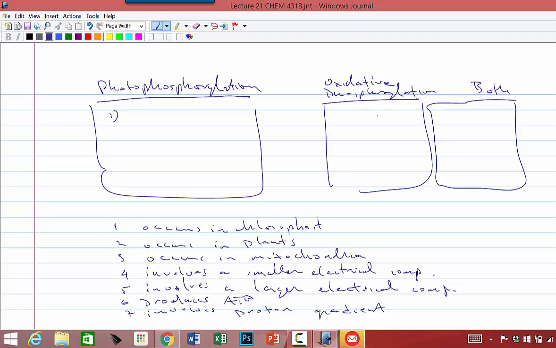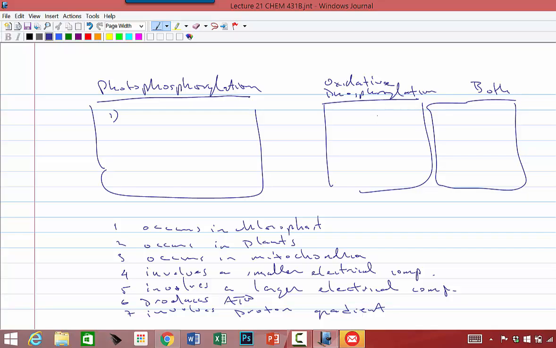We don't call the production of O2 from water oxidative phosphorylation. Although, to be honest, we're not using oxygen as the terminal electron acceptor. So anyway, the answer is one, that occurs in chloroplast, photophosphorylation.